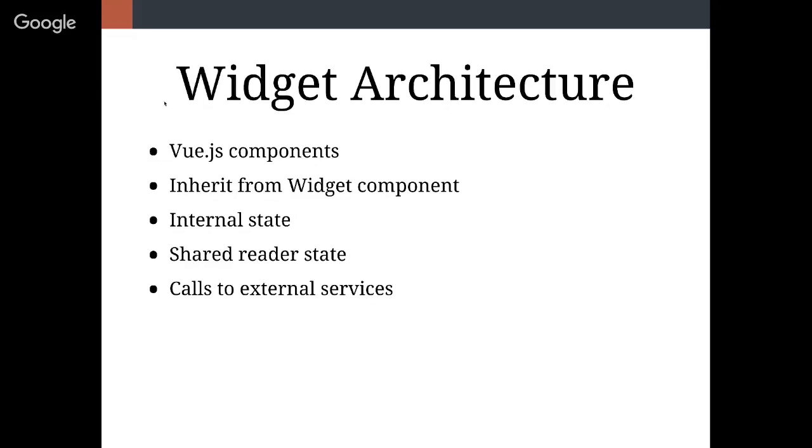They can share state with the reader as a whole, and we saw that with the Morpheus widget doing the lemmatization and then sharing that with the word list widget. And as you've seen in a number of cases, they can make calls to external services.